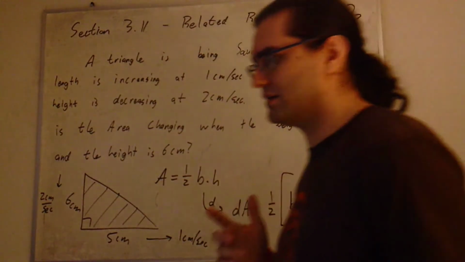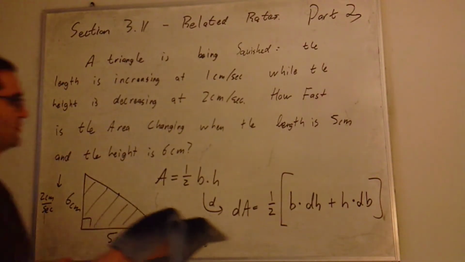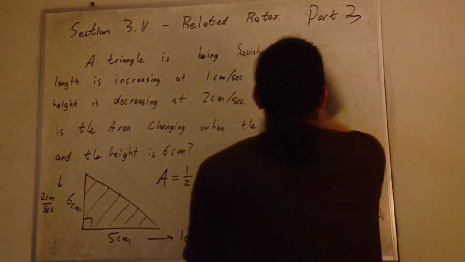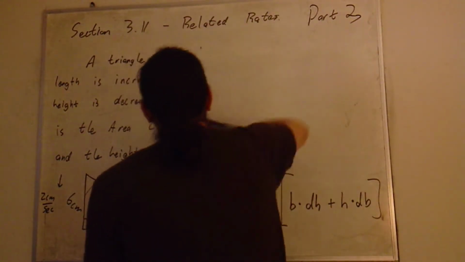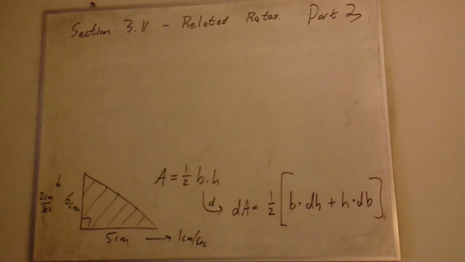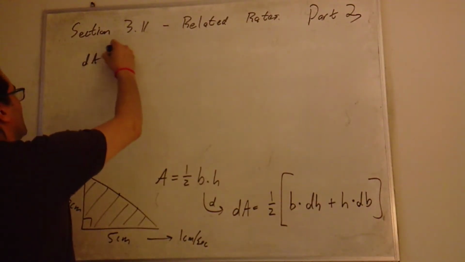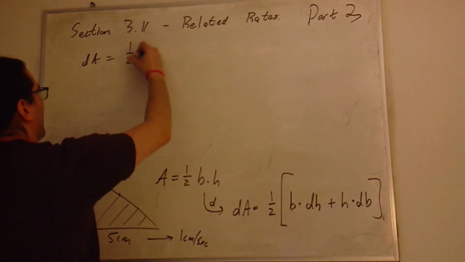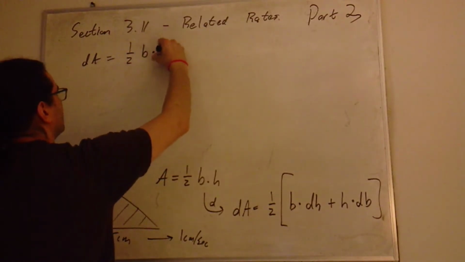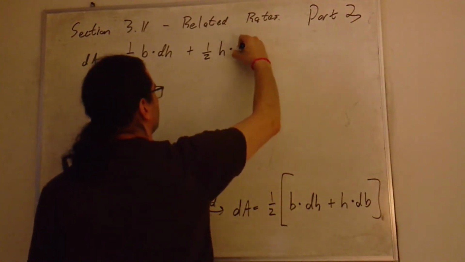I think we've reached the point where we've run out of room to comfortably write things, so hopefully you all remember this. I'm going to erase it. I'm going to simplify this just a little bit. dA equals 1/2 b dh plus 1/2 h db.